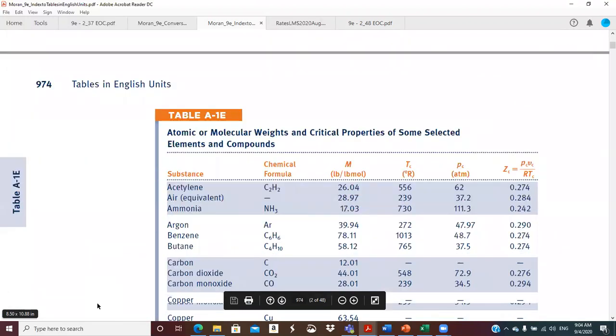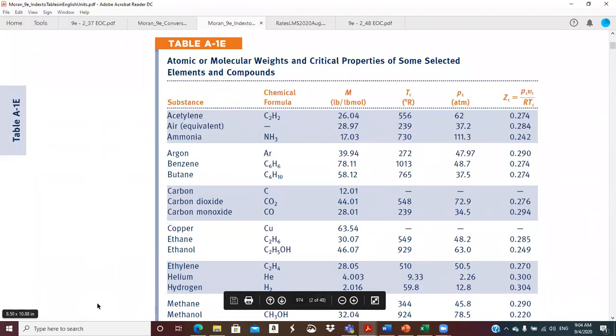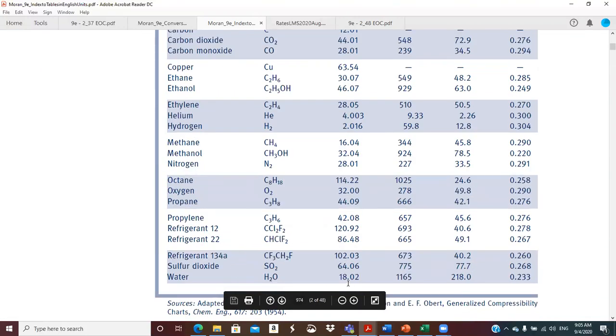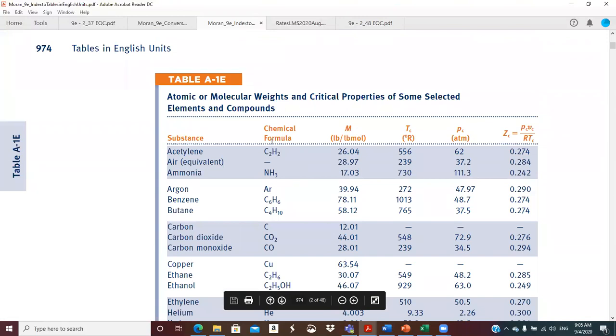But anyway, you get some of these atomic weights and critical properties of selected compounds: ammonia, argon, benzene, CO2, water down here at the bottom. You get the chemical formula, molecular weight, and critical temperature.